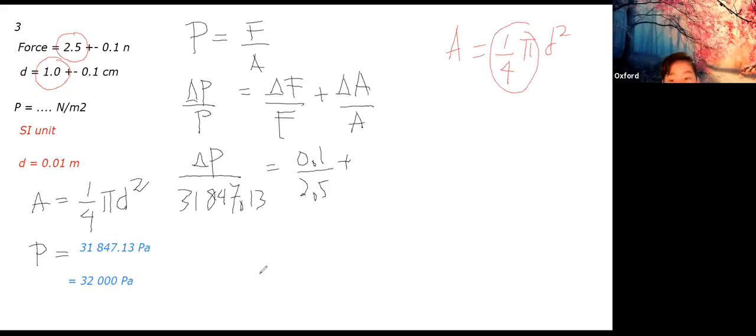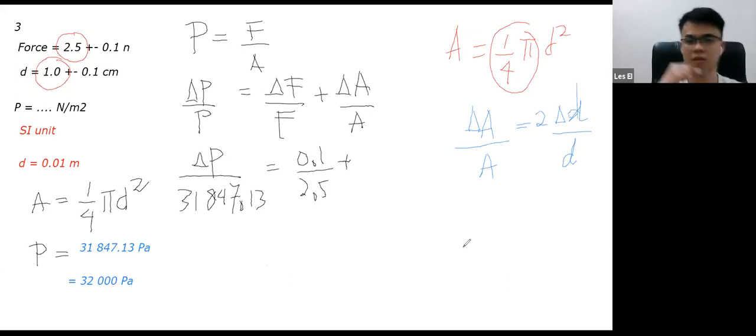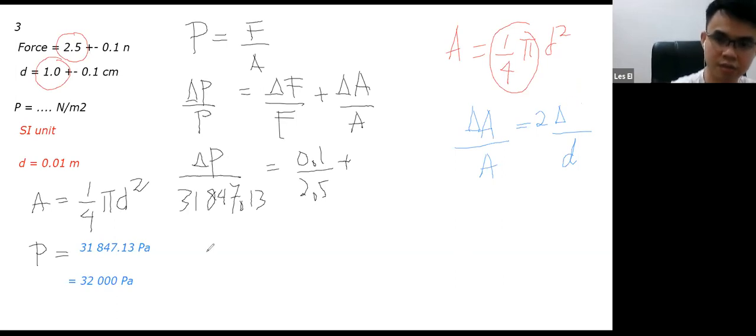No. So I can write the uncertainty of the area over area is equal to 2 times the uncertainty of the diameter over the diameter. Anyone have questions?